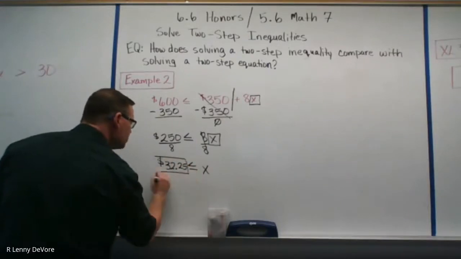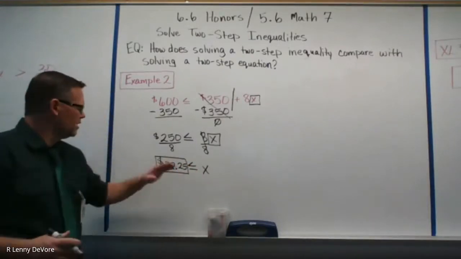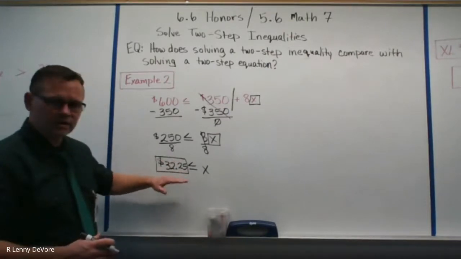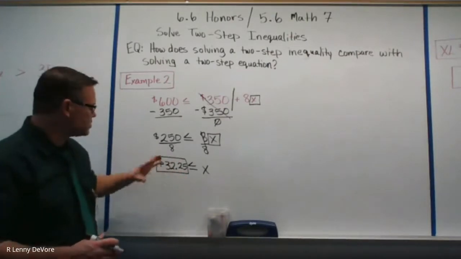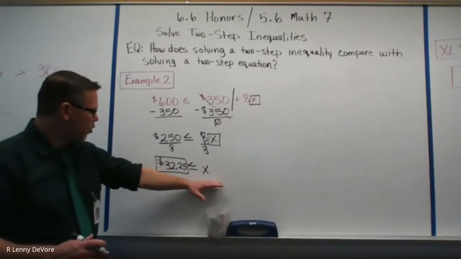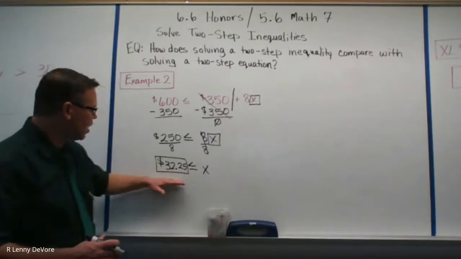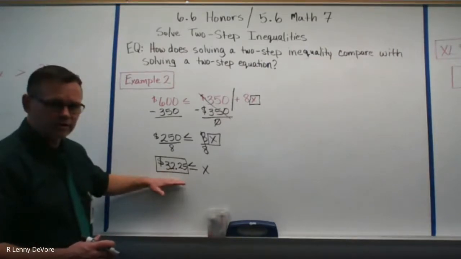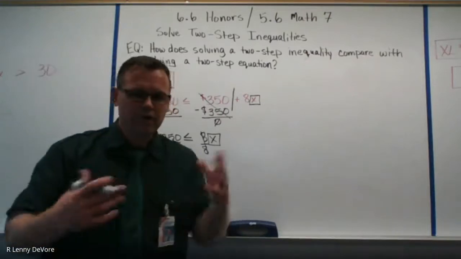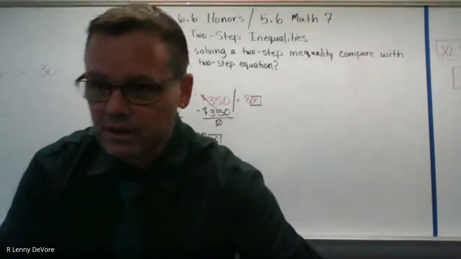Remember, we are dealing with money here, so when you see that decimal, remember that's the change between dollars and cents. So what they're saying here is x is going to be greater than or equal to $32.25. Okay, guys? So like I said, if you don't understand this fully, then make sure you ask questions in class. Now let's do another one.